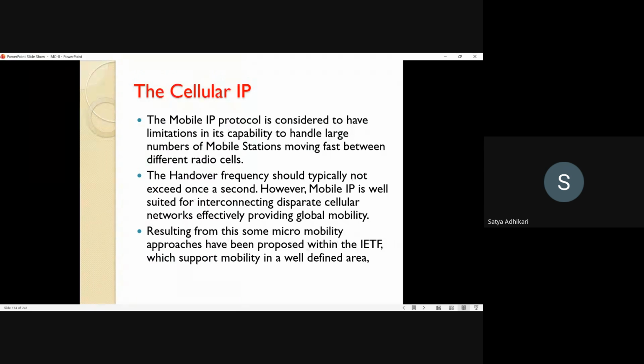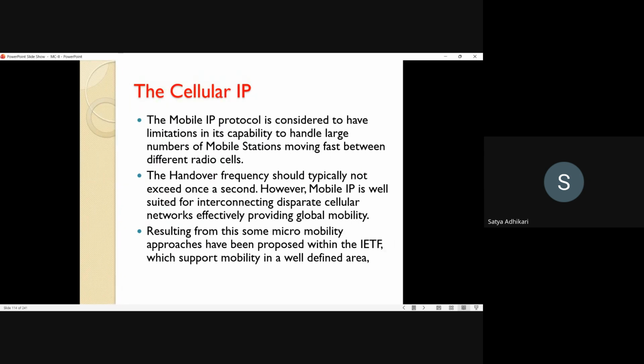Then the next is cellular IP. Let us see what cellular IP is. The mobile IP protocol we have just discussed is considered to have some limitation in its capability to handle a large number of mobile stations moving fast between different radio cells.